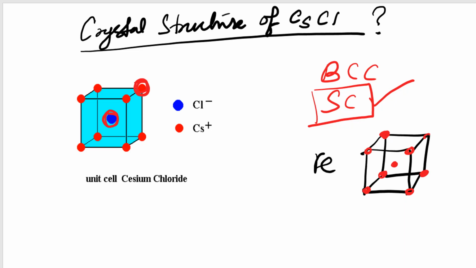So there is a difference. To be a body centered cubic structure, the position should be occupied by only one type of atom. That's why we cannot say it is BCC.